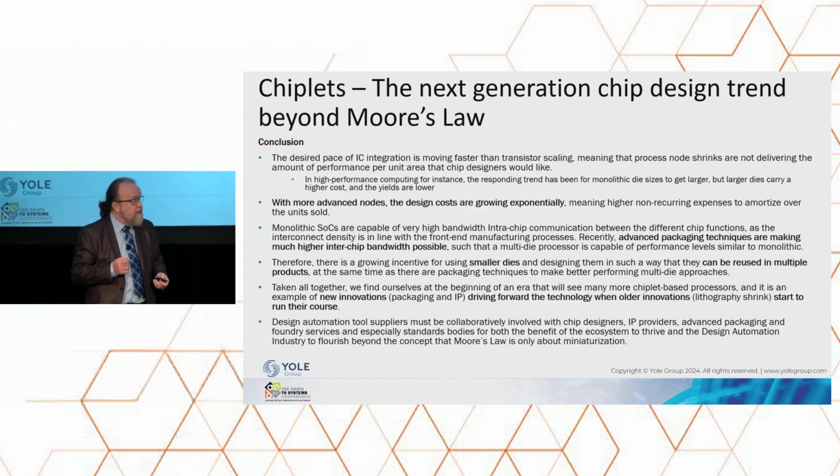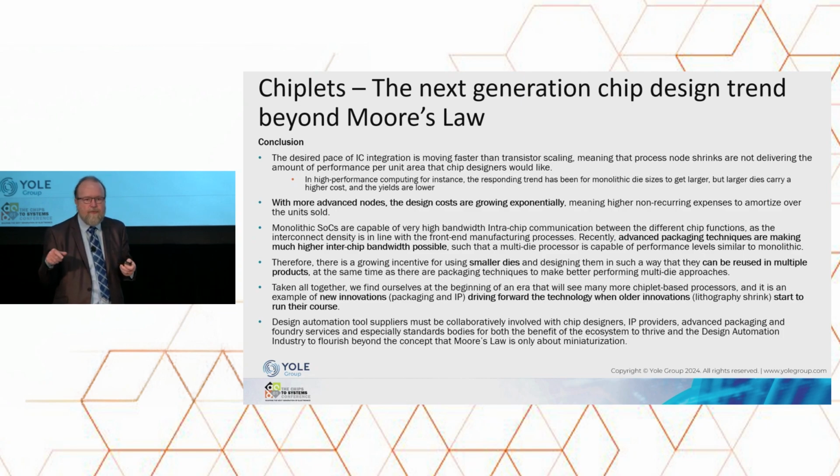So there's definitely a growing incentive for using smaller dies, whether it's yield, whether it's accommodation for reticles, whether it's performance optimizations per function. There are multiple reasons why it's becoming optimal. And taking that all together, we definitely are moving towards a chiplet-based economy.